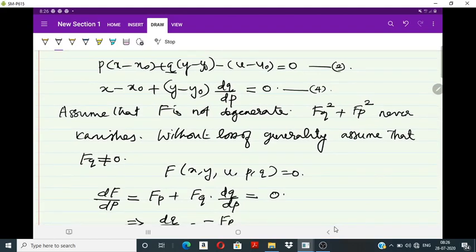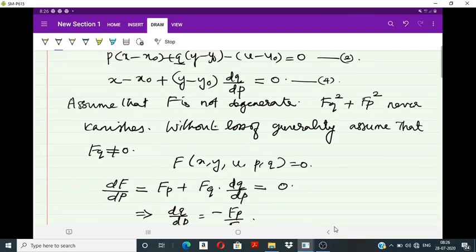Now substitute this in equation number 4.